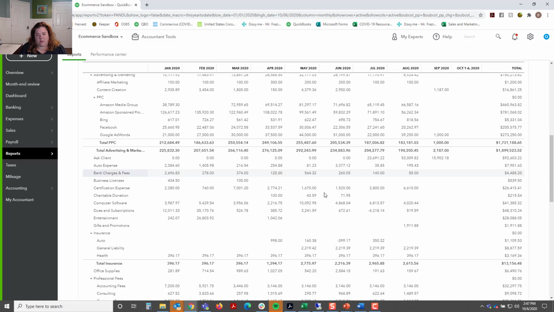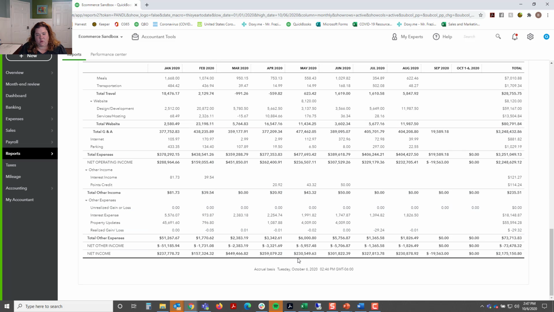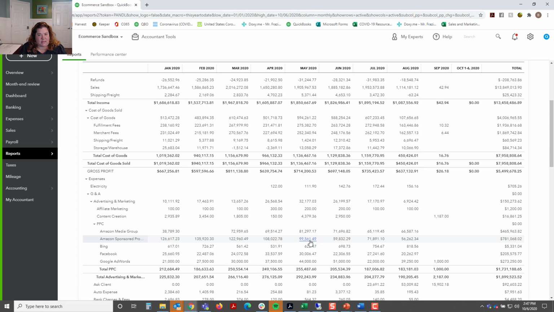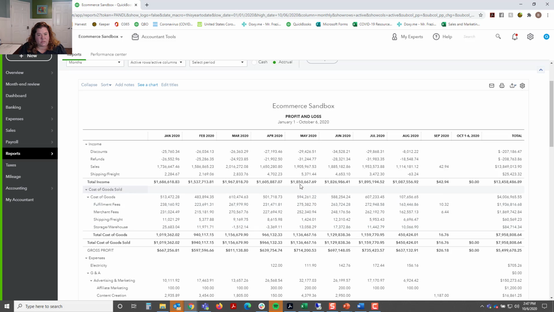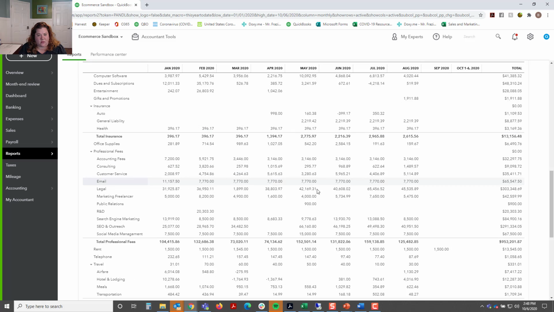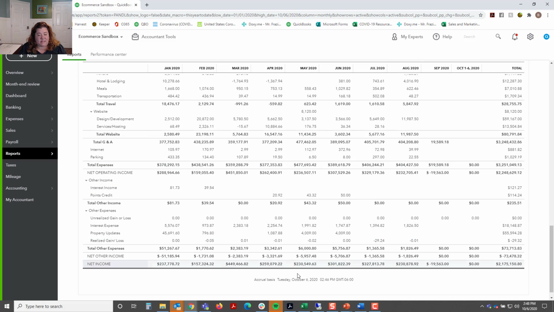May and June were extremely close in their costs, in their revenue, but they actually had a $70,000 spread in their net income. So that's kind of interesting because I can see here almost identical sales, a $25,000 spread in sales, but a $70,000 difference in net income.